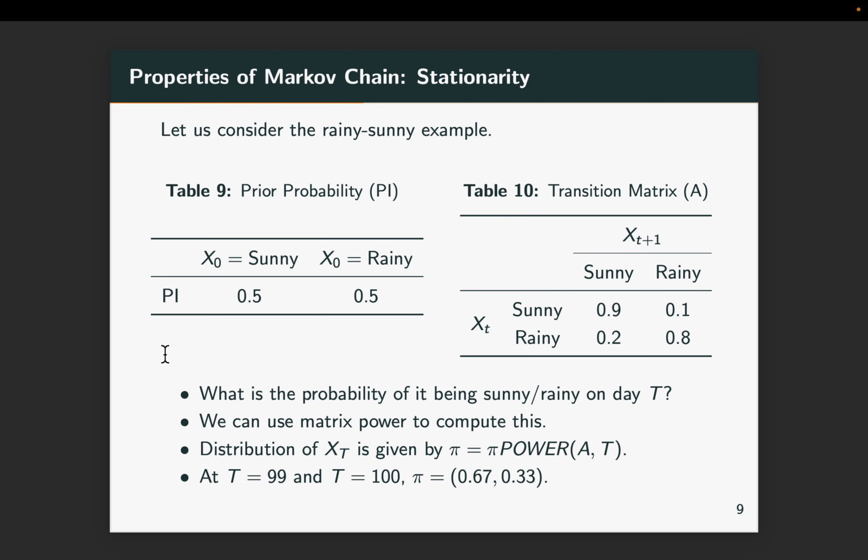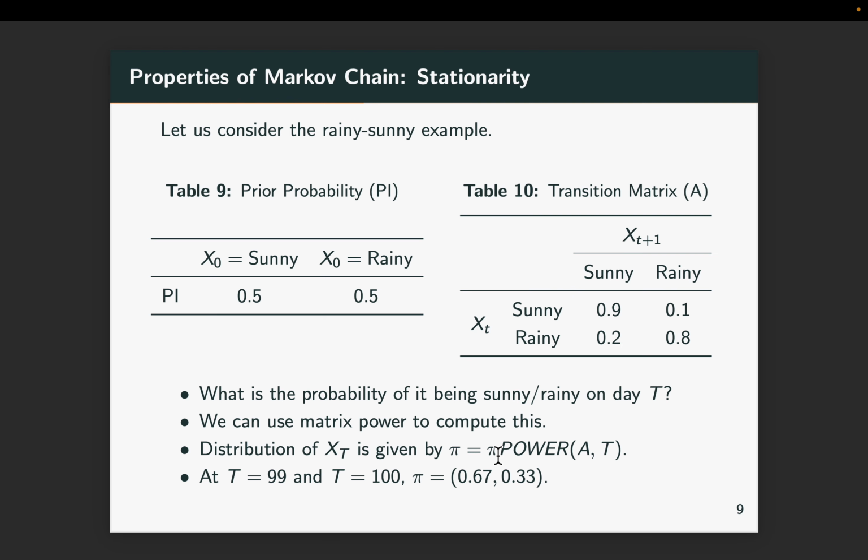Sorry, we should have considered this to be p, the prior probability, instead of pi. Let's assume this was p and not pi. We get the distribution as 0.67 and 0.33. Importantly, this is at both t equal to 99 and t equal to 100.